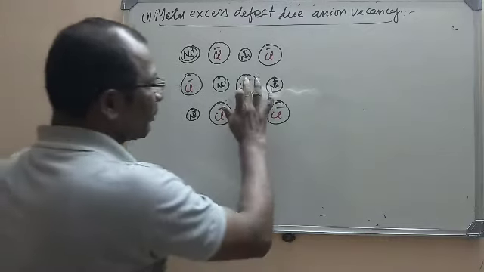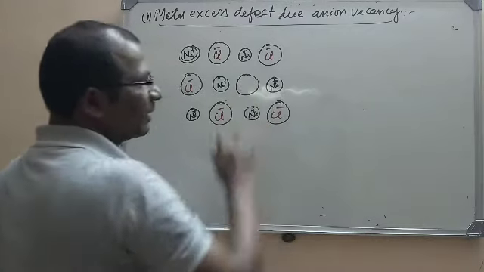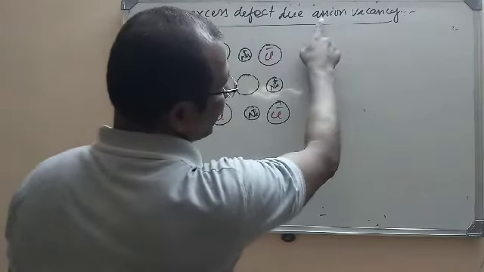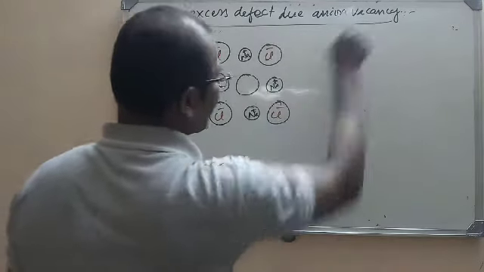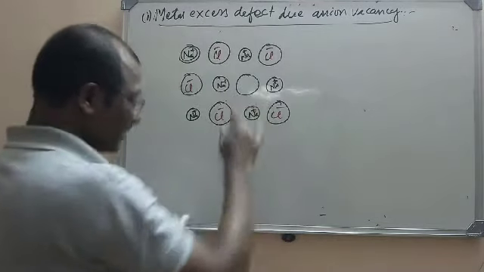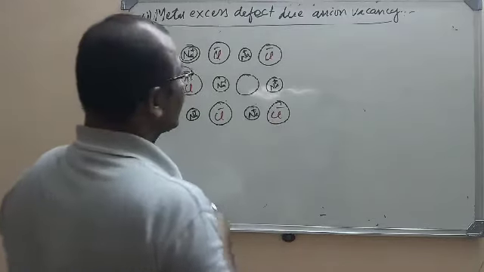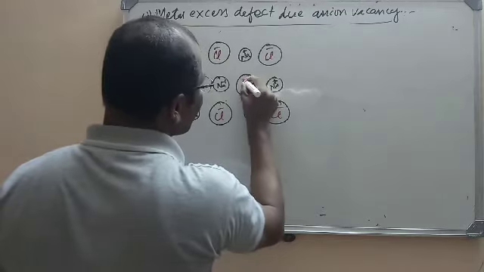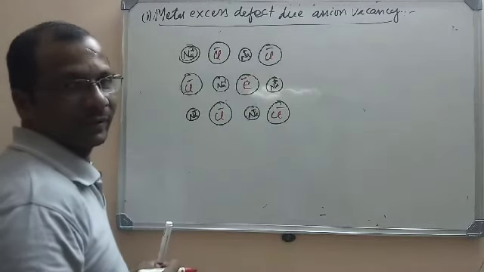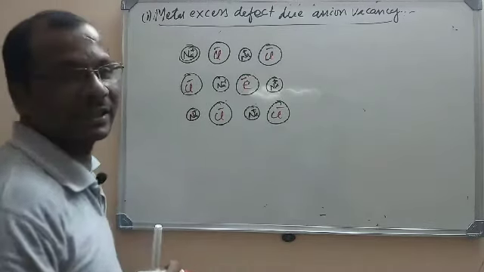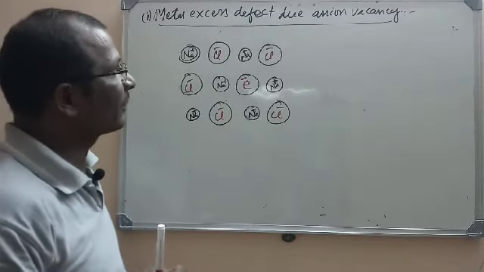Now what is a metal excess defect due to anion vacancy? I told you that one of the anions leaves, leaving a vacancy, and this vacancy is occupied by an unpaired electron here. This defect is called a metal excess defect due to anion vacancy.